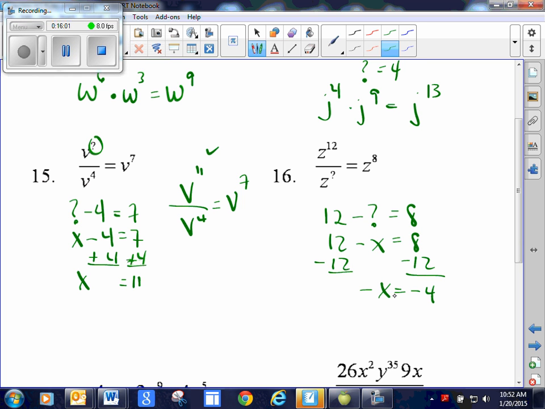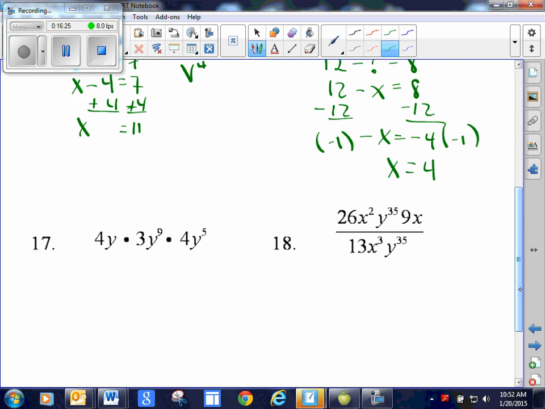But we know we want our x to be positive, so I'll multiply both sides by negative 1. And we get positive x is equal to positive 4. So 12 minus 4 gives you 8. So z to the 12th over z to the 4th gives you z to the 8th. And you can work those most likely without having to do any of the algebra work.